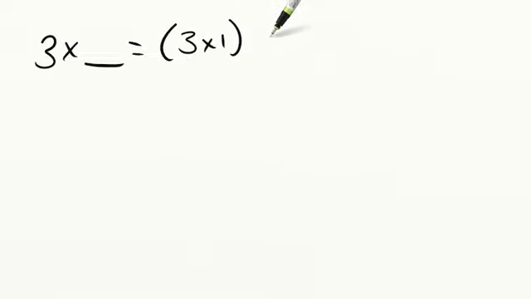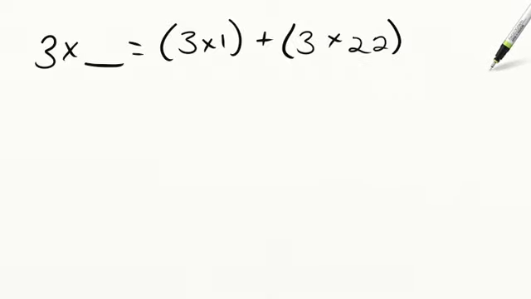I'm going to give you two problems that I want you to try to practice on your own. This would be a great time to pause your screen and then play it once you're ready to check your work. Do you think you can fill in the blanks for these two problems? All right, we have 3 times blank equals 3 times 1 plus 3 times 22.